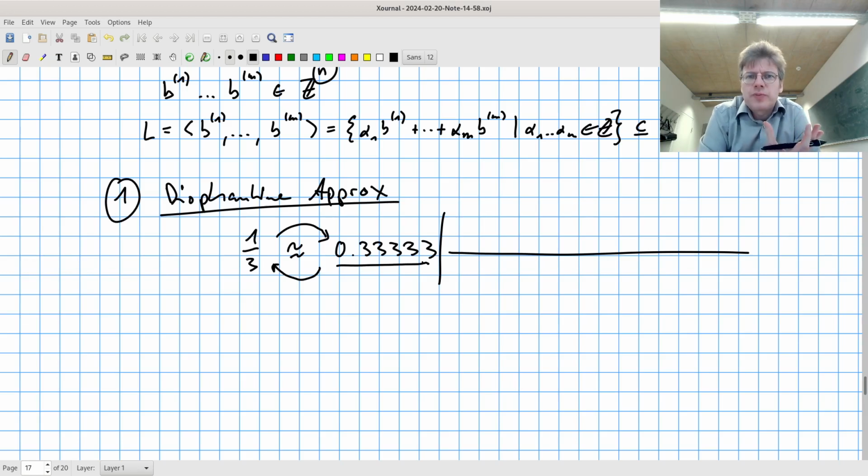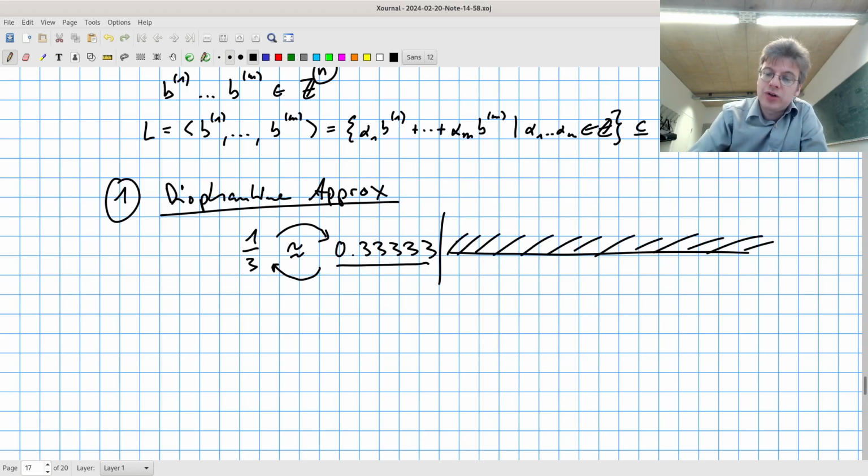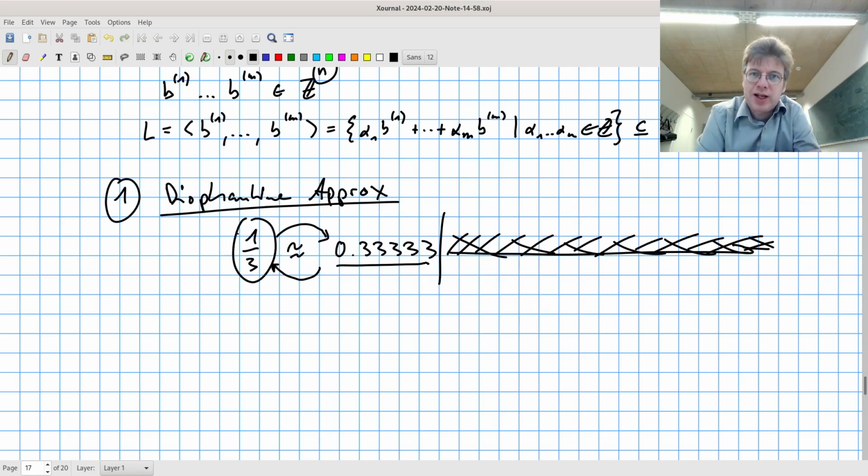How is this possible? It seems that this is an illegal question to ask, because here you have thrown away information. The information here is gone. You don't know how this continues. So without having this information, how could you possibly get back to this exact rational number?